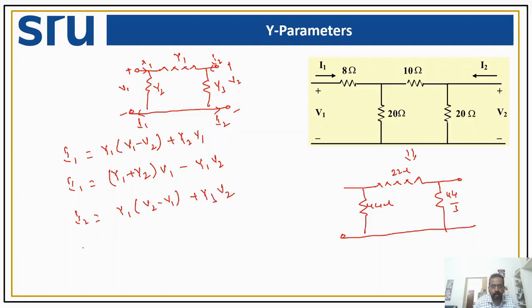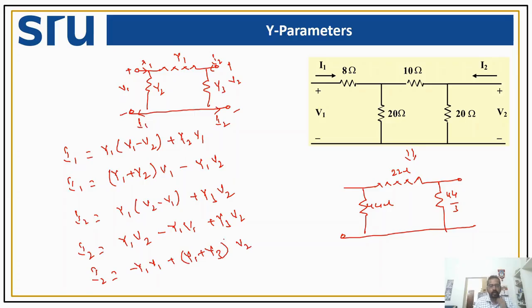So if you try to rearrange, we get I2 equal to Y1 V2 minus Y1 V1 plus Y3 V2. Try to take V2 common here, we get I2 equal to minus Y1 V1 plus Y1 plus Y3 into V2.